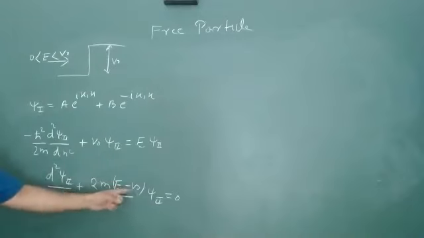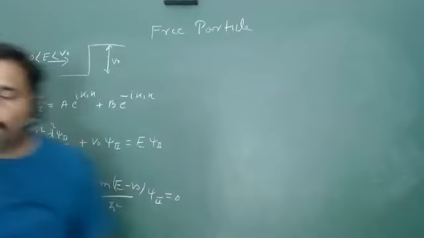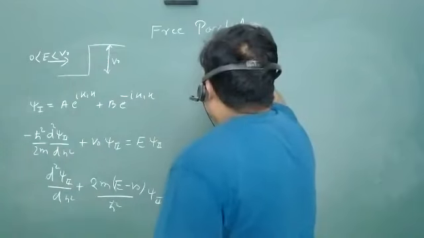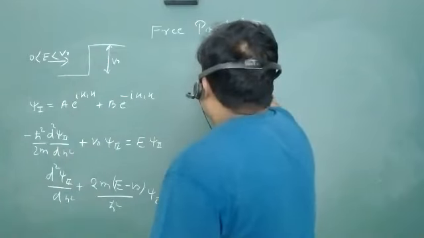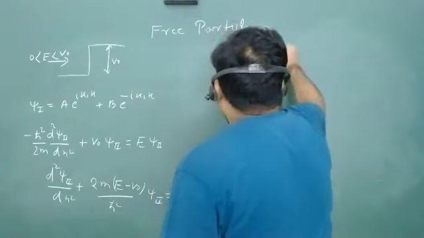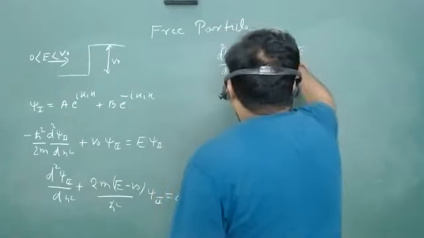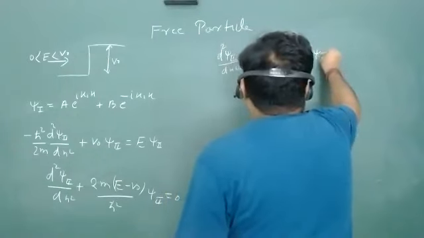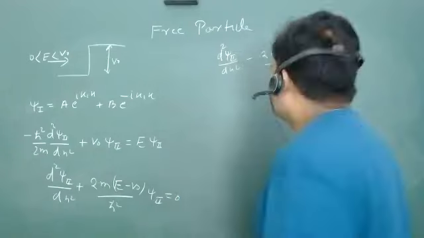So what I will do, I will write V naught minus E and I will take this thing as negative. So the equation can be written as d square psi 2 upon dx square minus 2m (V naught minus E) upon h cut square psi 2 must be equal to 0.